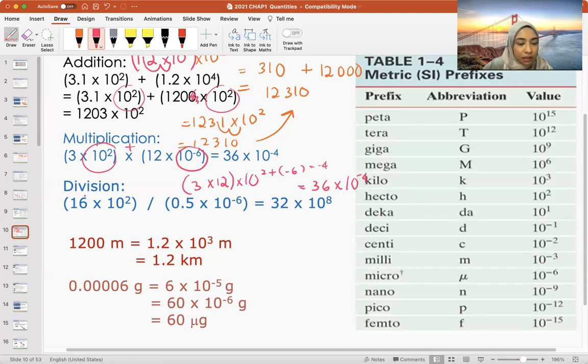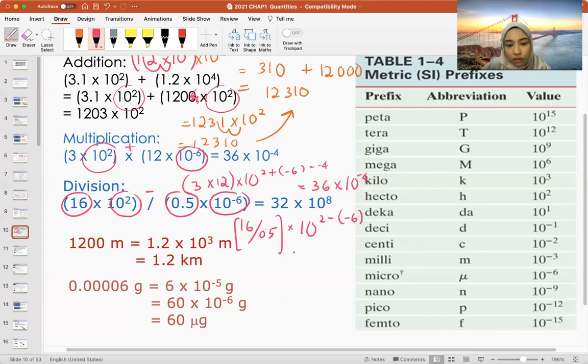And what about division? Similar to multiplication, except that now it's a minus. So similarly, 16 divided by 0.5, you can't do much with that, but for 10 to the power of 2 with 10 to the power of minus 6, you subtract. 16 divided by 0.5 gives you 32 times 10 to the power of 2 minus minus 6, which is positive, so you get 10 to the power of 8.